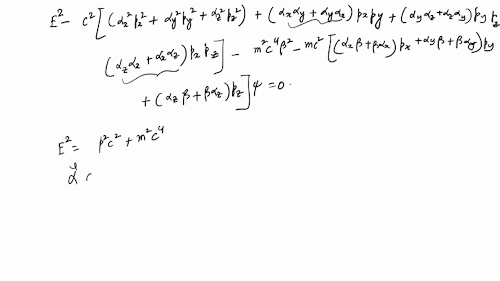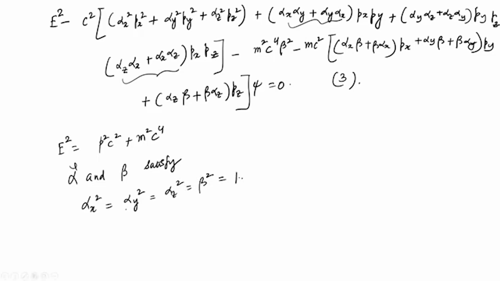So, that tells us that alpha and beta satisfy these equations, let us call this equation 3. And these equations are: alpha x squared equal to alpha y squared equal to alpha z squared equal to beta squared is equal to 1.